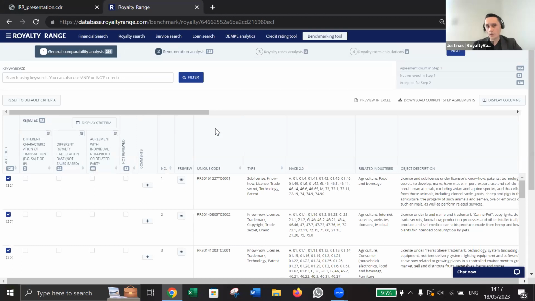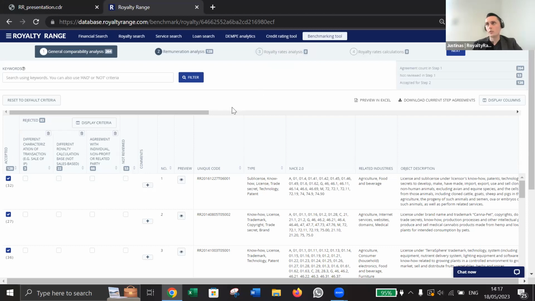Based on our experience, the qualitative screening can be split into these stages: general comparability analysis, remuneration analysis, and royalty rate analysis. This is, of course, the typical approach that we and our clients use, though there may be other approaches, but this helps a lot to make the analysis a little bit quicker.